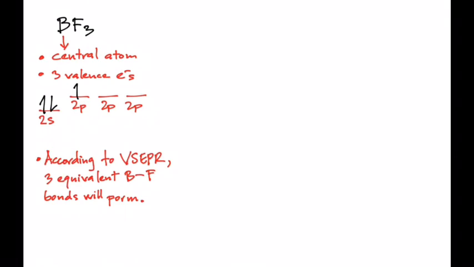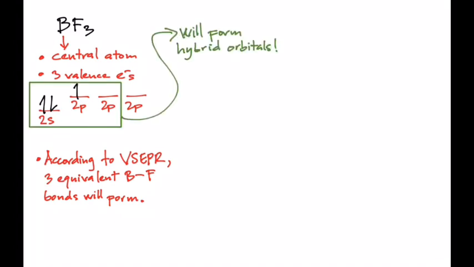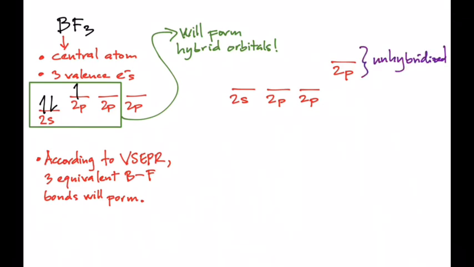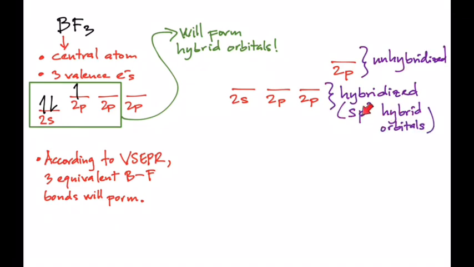According to VSEPR theory, 3 equivalent single bonds will form between boron and fluorine. So how can valence bond theory explain this? Again, we will have to form hybrid orbitals: 3 valence electrons, 3 hybrid orbitals. So the 2s and 2 of the 2p orbitals will form hybrid orbitals, and we call these sp2 hybrid orbitals.